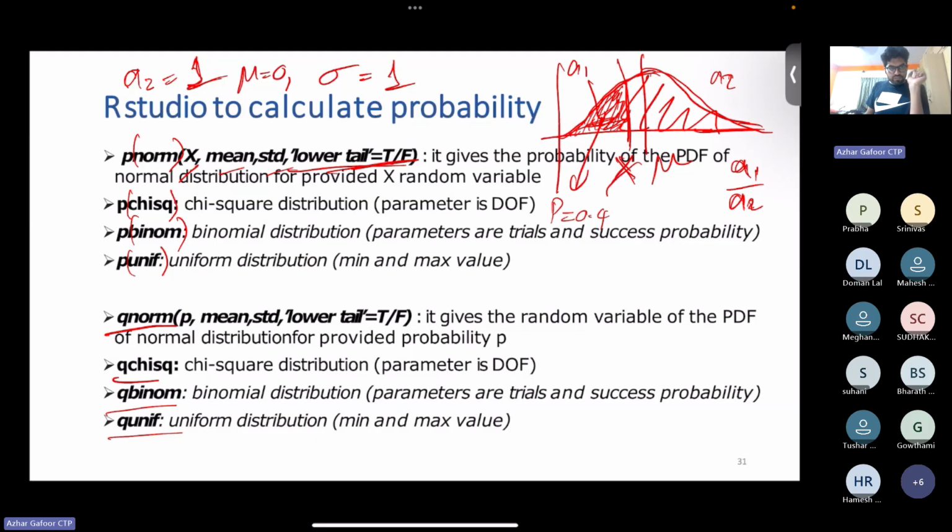In such cases, we can use qnorm, where we give the probability value, and the mean and standard deviation of the distribution, and say whether this probability is lower tail or upper tail, and it will give this value as output. In pnorm, we give this value and get the probability as output. In qnorm, we get the value from the probability.